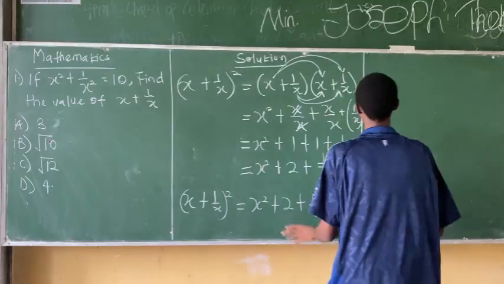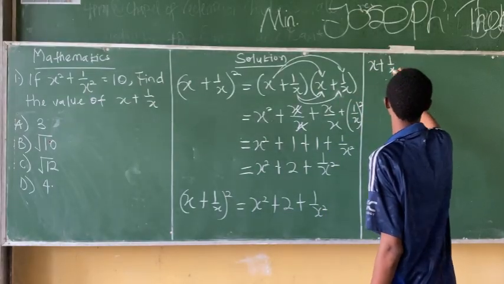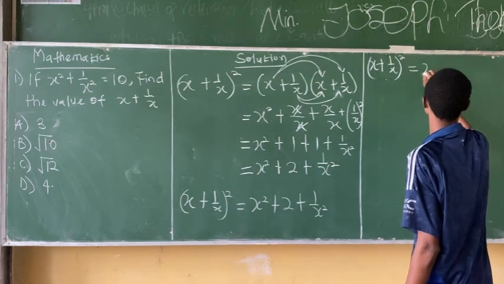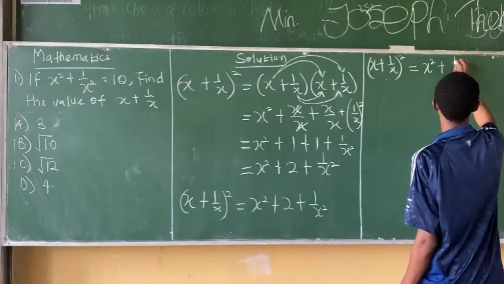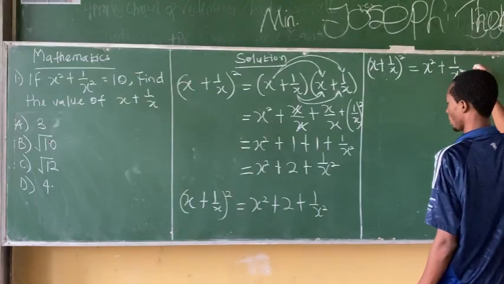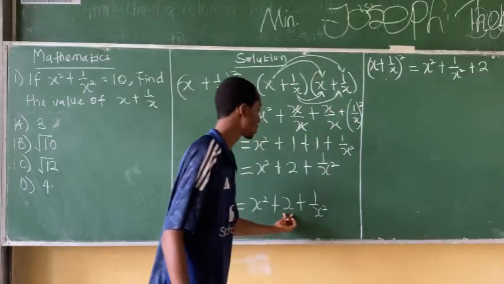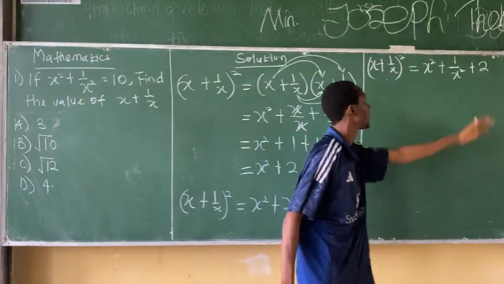If we rearrange this, we have x plus 1 over x all squared is equal to x squared plus 1 over x squared plus 2. The same thing, but we took this constant to the end.